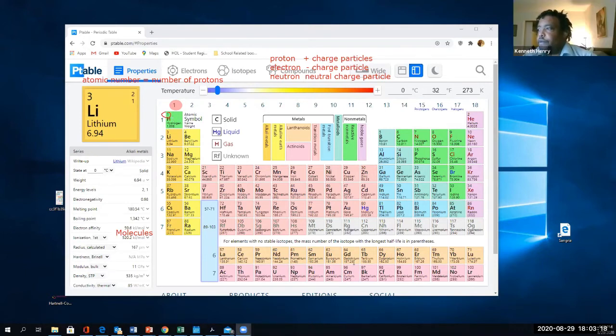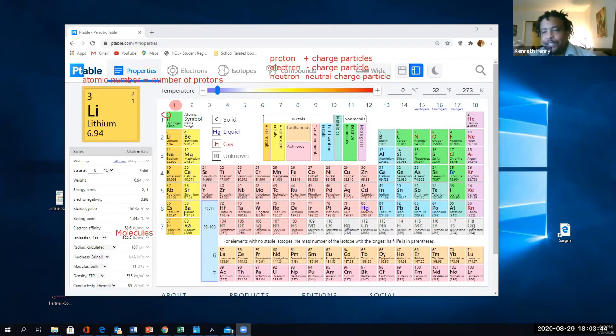Now, every atom on your periodic table, for it to be in its natural state and to be an element, has to have the same number of electrons as protons. It has to be neutrally charged.